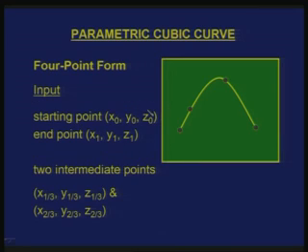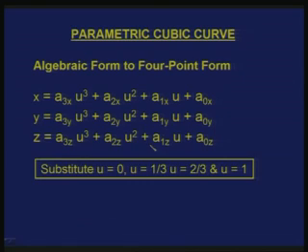These are the 12 values which will form the input. So, I should be able to solve this equation using those 12 inputs. I will substitute u equal to 0 and get one equation. I will substitute u equal to 1 and get another equation. But what values of u should I give for the intermediate points?